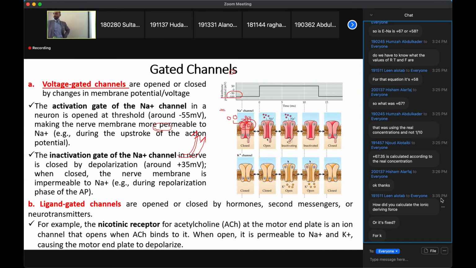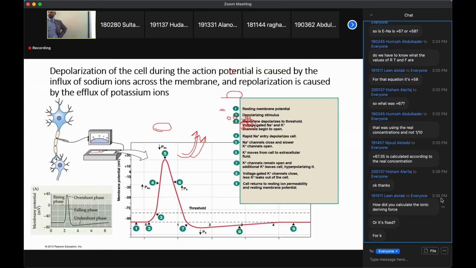Do you know? Do you remember? It's around plus 35, okay? Why doesn't it reach the equilibrium potential for sodium? Very good, excellent. Because of the property of the voltage-gated sodium channels, okay?